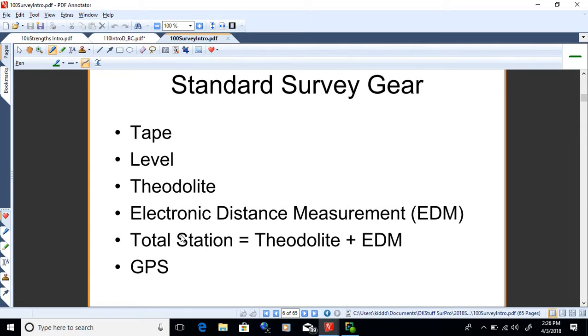If they're pretty well funded, they might also have a laser device that shoots out a cloud of lasers to map things. I was talking to one guy about a year ago, and he goes out in his truck to a job, and he's got a total station to measure angle and distance, he's got GPS, and he's got a laser scanner. He figures between those three things, he can survey whatever he needs to survey.